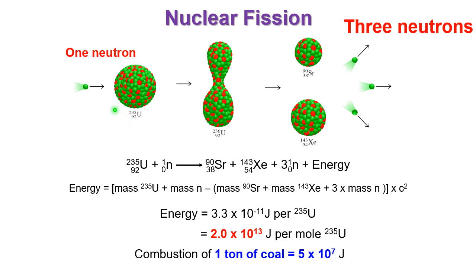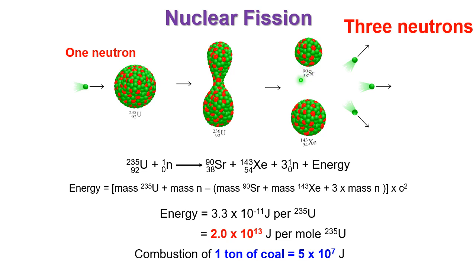We'll have one neutron more, so we'll have unstable uranium-236 that in turn splits apart into two nuclei of slightly different mass.